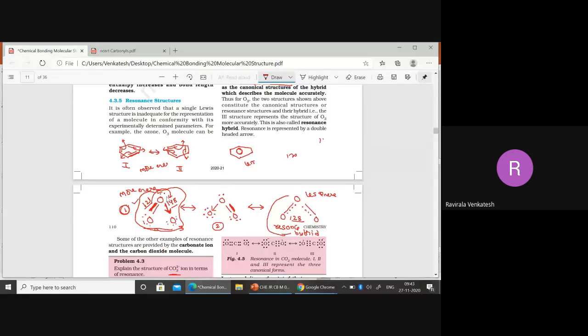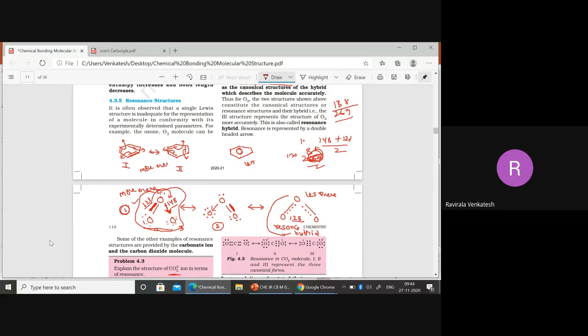You may say, sir, 148 plus 121 divided by 2 gives something different. That is 269 by 2, so roughly 138 picometer.